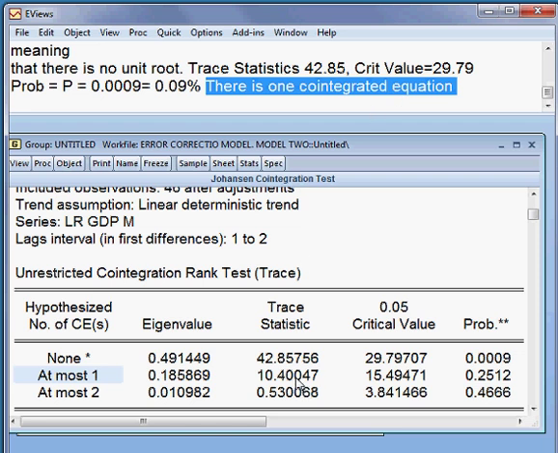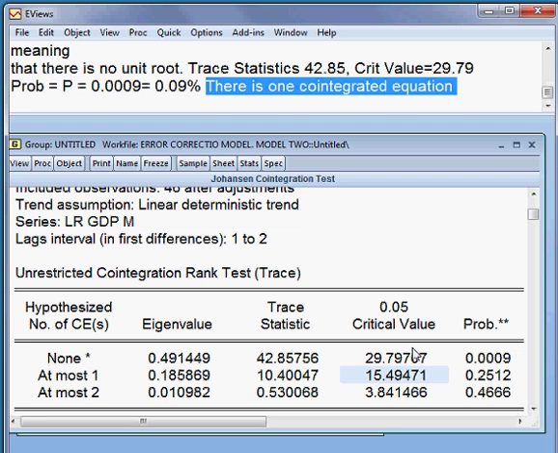And what is the guideline? If the trace statistics is less than the critical value, we should not reject the null hypothesis; rather, we accept it.